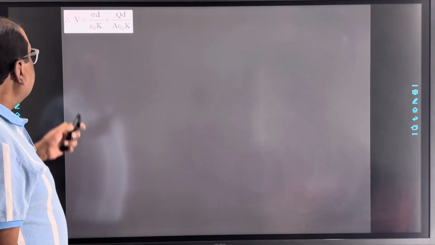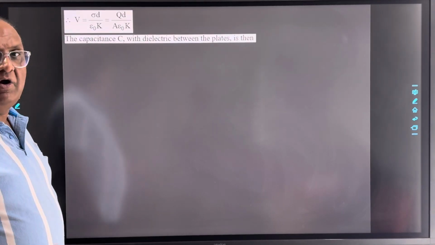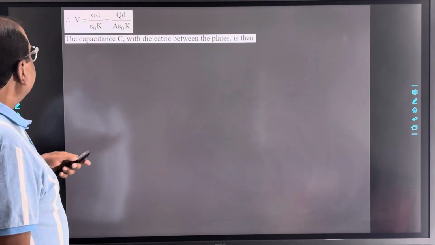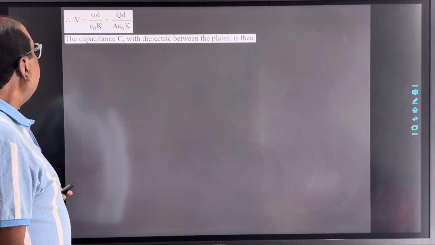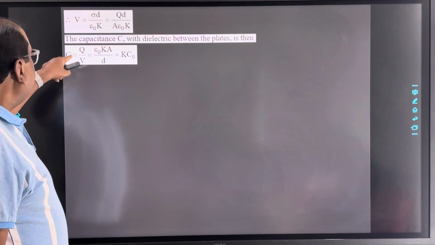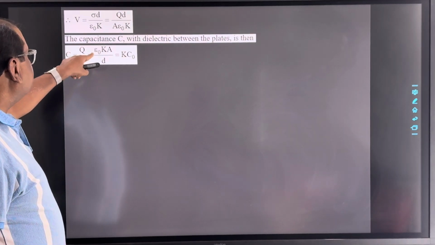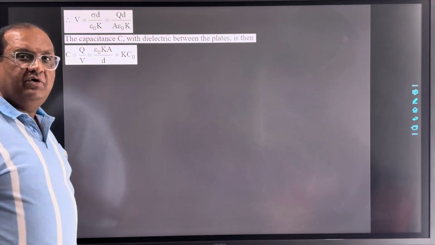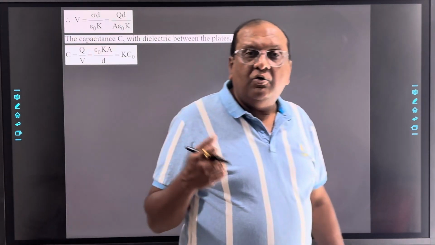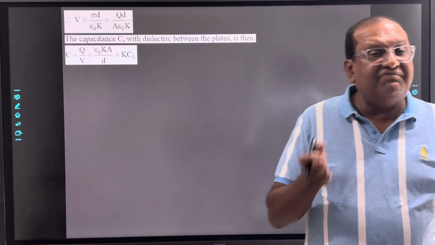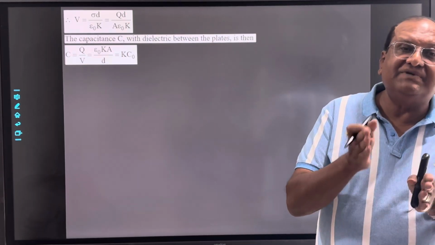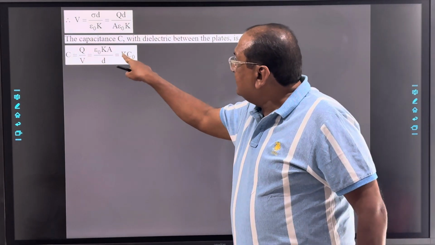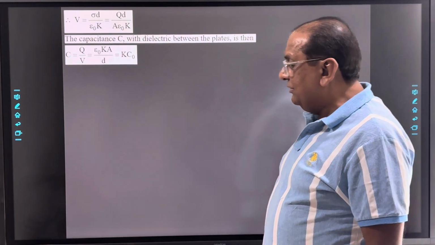So we can write the new capacitance of the capacitor when the dielectric substance is introduced, C equal to Q by V, that is epsilon 0 K A by D. But epsilon 0 A by D is the original capacitance of the capacitor when the dielectric substance was not introduced. So we can write C equal to K C0.